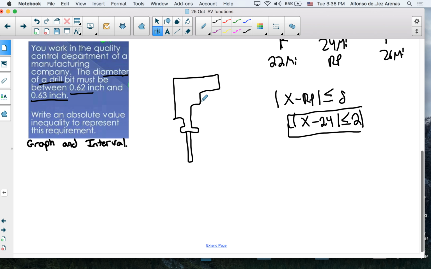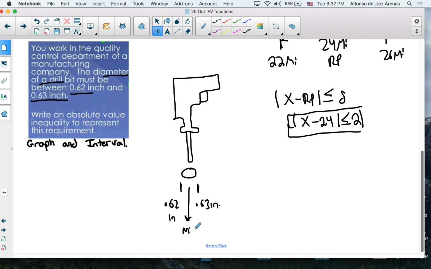Okay, so it's more or less like this. So you are drilling, and there will be this hole that goes between 0.62 inches or 0.63 inches.